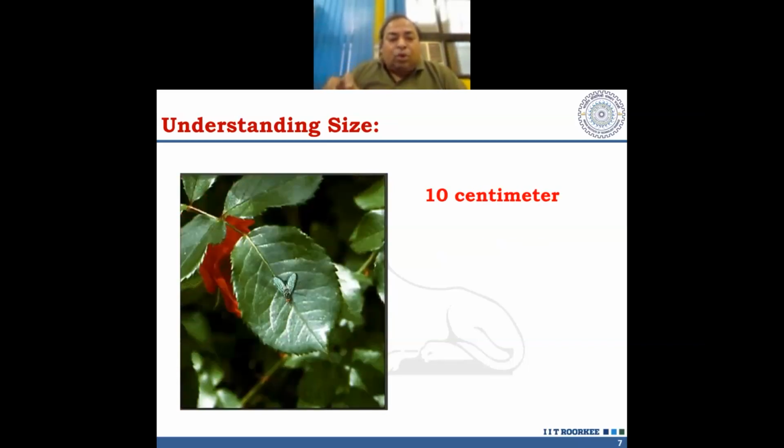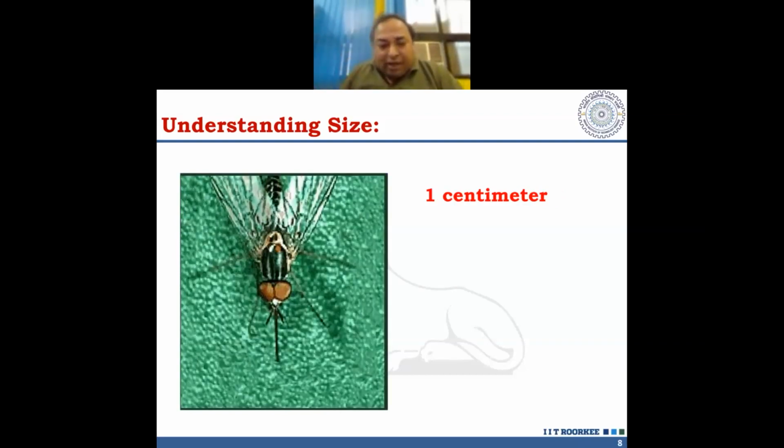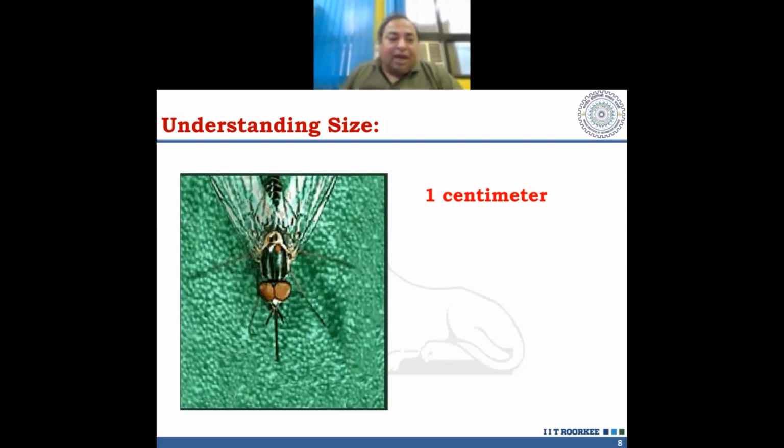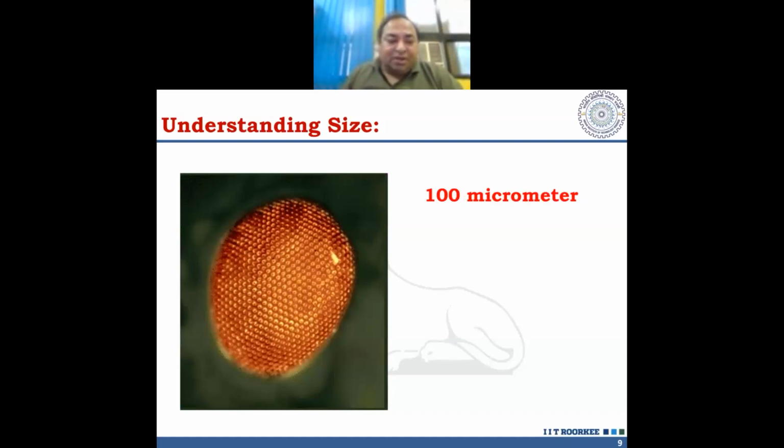But if we focus on a leaf, we are going down from 1 meter to 10 centimeter. On the leaf, there is an insect, a bee, and when we focus more, we come to the measurement of 1 centimeter. Now we are looking at the eye and we come to the level of 100 micrometer.